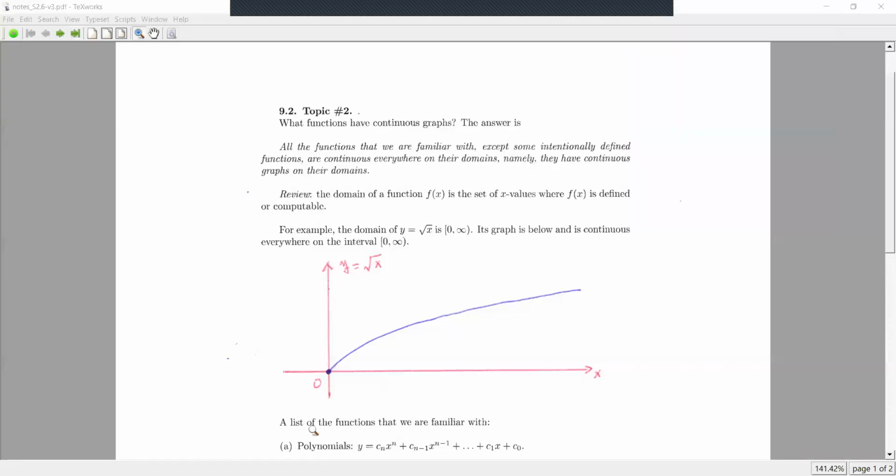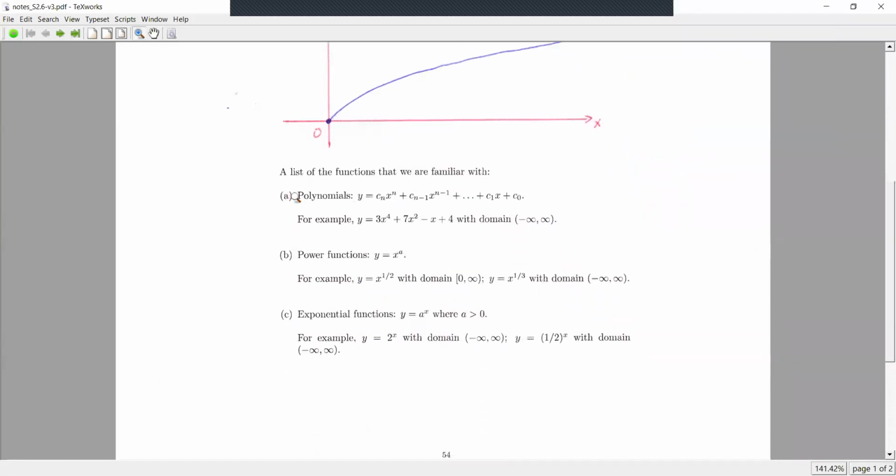Here is a list of the functions that we are familiar with. A, polynomials. The domain of a polynomial is negative infinity to positive infinity. That is, a polynomial is computable at any number.